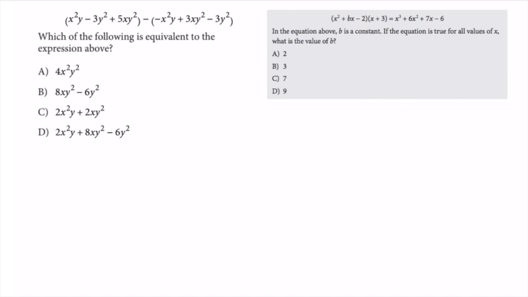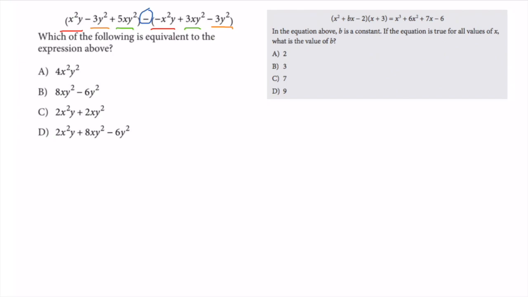So for here, I have an x squared y, I have an x squared y here. I have a y squared, I have a y squared. And finally, I have an xy squared and an xy squared. So I'm going to collect these together. Very important, that you distribute in this negative sign.